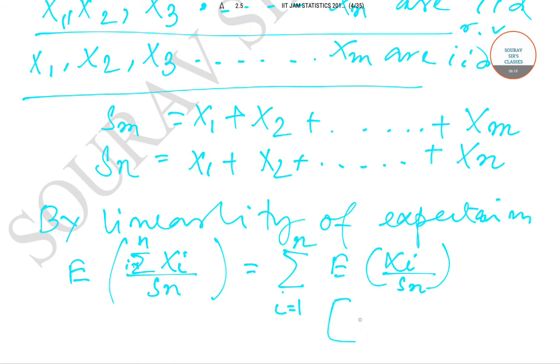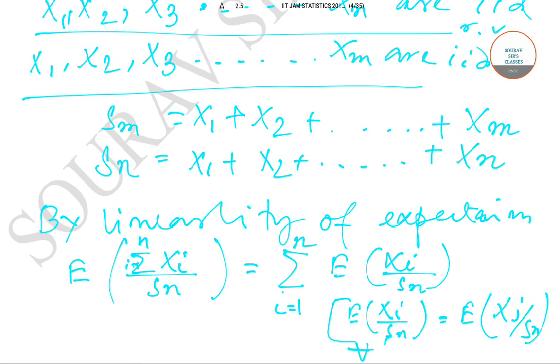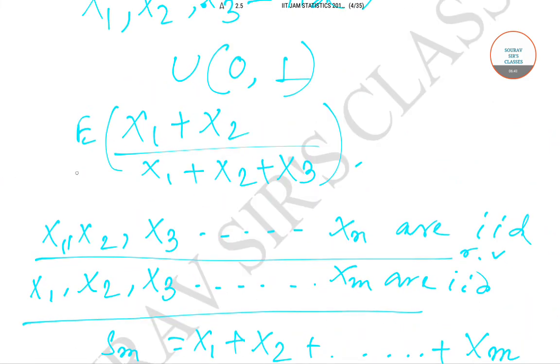This is because of the symmetry, that is expectation of xi by Sn is equal to expectation of xj by Sn for each i and j belonging to 1 to n.